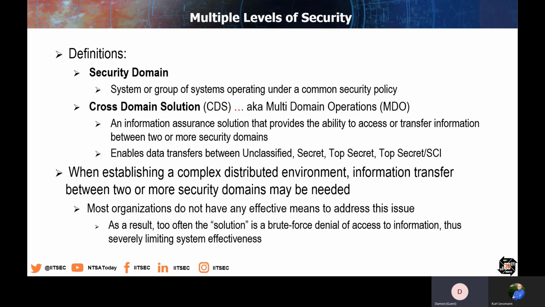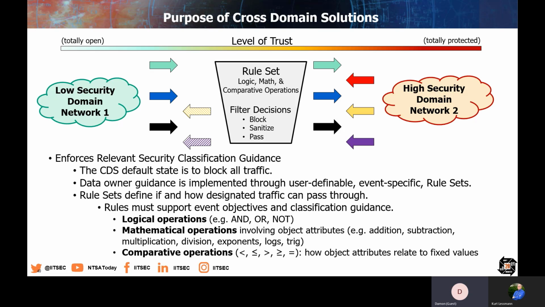Well, that usually means that there'll be no interoperability and loss of training, etc. Perhaps even negative training in those cases. But nevertheless, that's sometimes what's done: they simply say, brute force, deny all access to information. And as I said, that severely limits the system effectiveness.